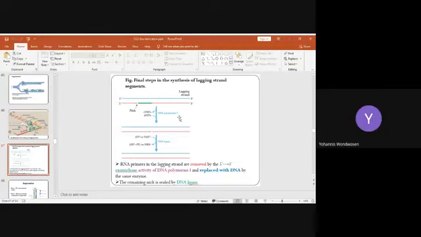Now, there are ribonucleotide monophosphates that are released, by the way. DNA polymerase 1 is there. As I told you before, DNA polymerase 1 has exonuclease as well as endonuclease activity from 5' to 3'.